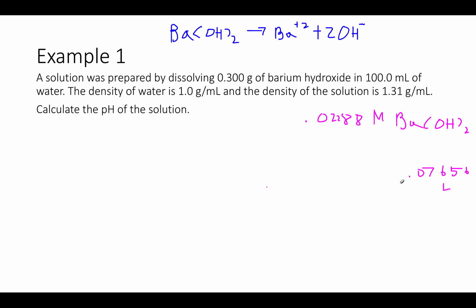Okay, so now that we have the molarity of the barium hydroxide, we can find the molarity of the hydroxide ion, because per 1 mole of barium hydroxide, you get 2 moles of hydroxide ions. So if we take the molarity of barium hydroxide and multiply it by 2, we get the hydroxide ion concentration.